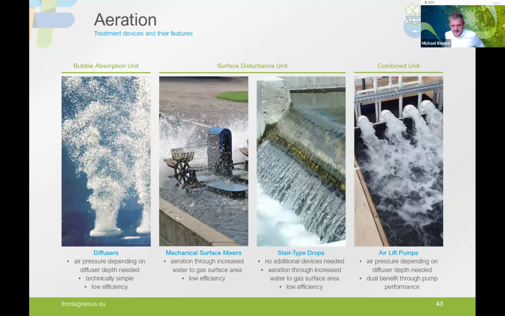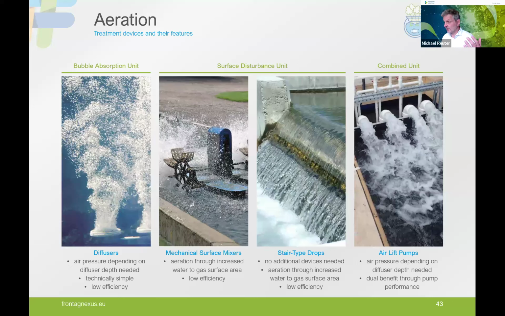The devices that are available for aeration are mainly diffusers, where we pump air with an air compressor to the diffusers, and they produce coarser or smaller bubbles inside of our water body to aerate our process water.